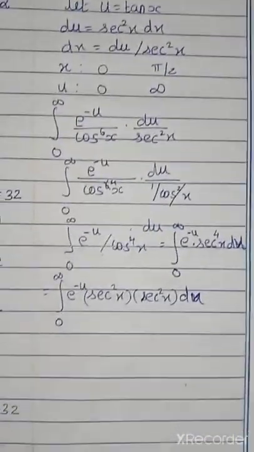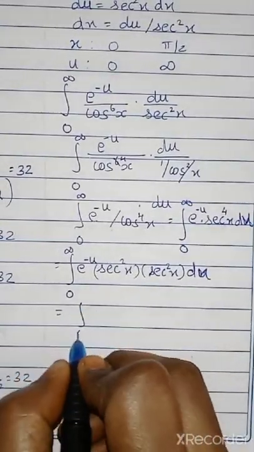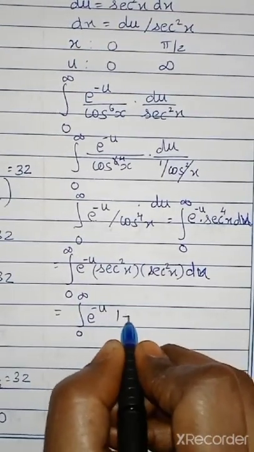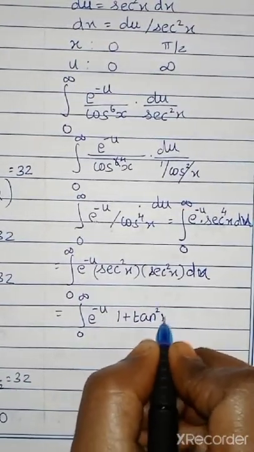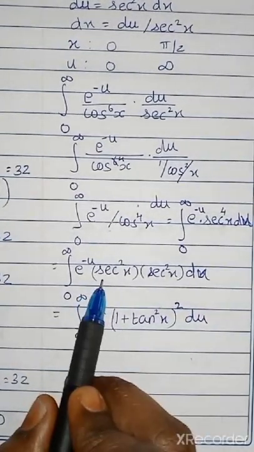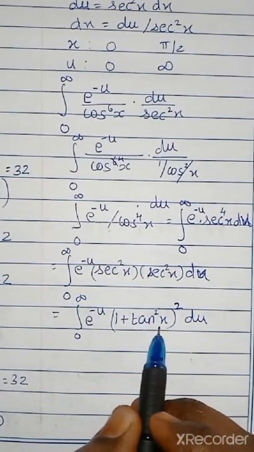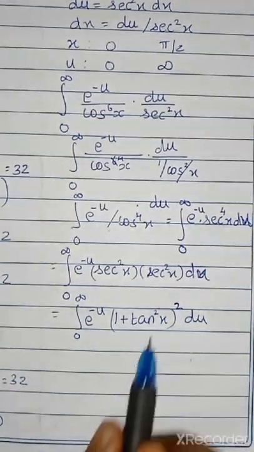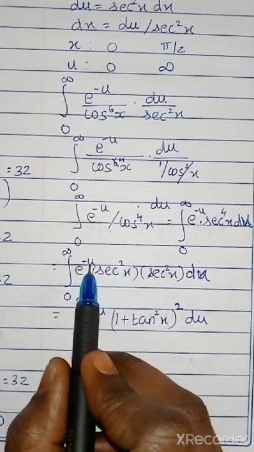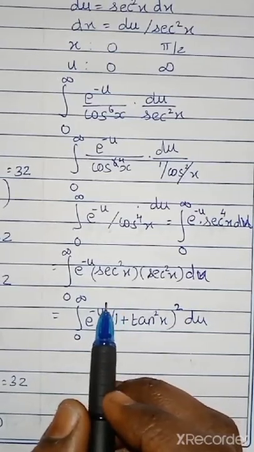Next, again we can write this as integral 0 to infinity e power minus u into secant square squared du. Using the identity, secant square x is 1 plus tan square x, whole square. Why are we changing like this? Look here, this is u, this is x, but we have to change everything into one term. That's why we write like this.